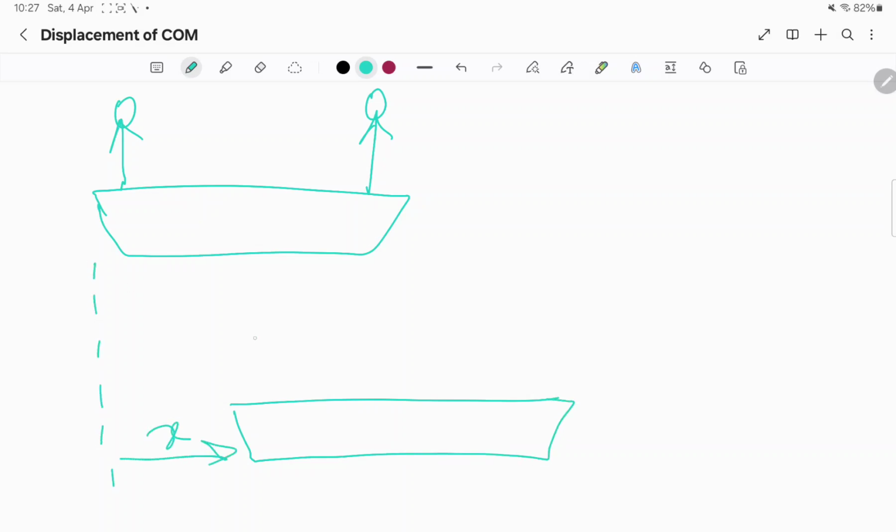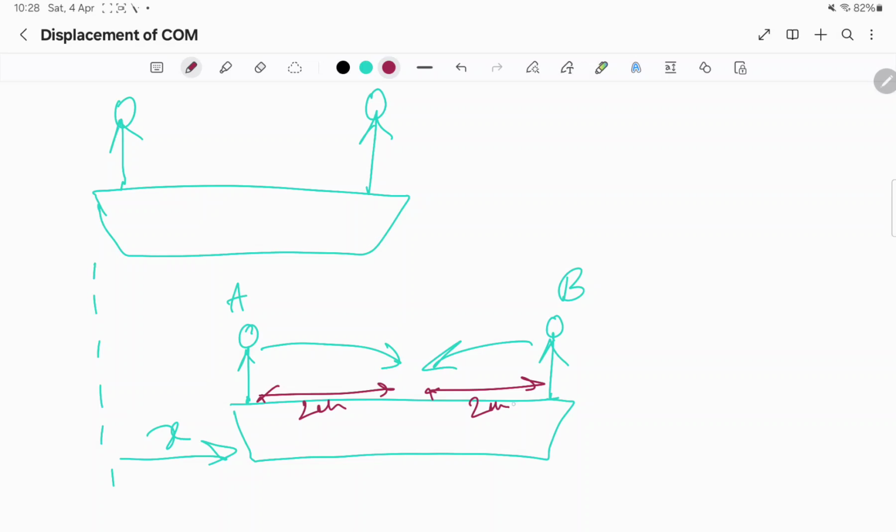That means the person on the left side is person A, this is person B, and they are both coming to the midpoint. Both of them are traveling 2 meters, and person B is traveling 2 meters to the left.